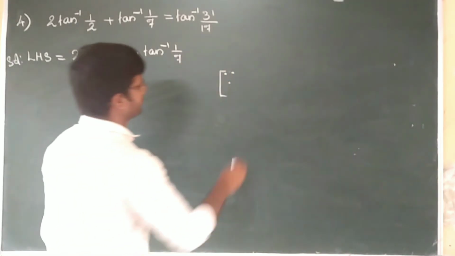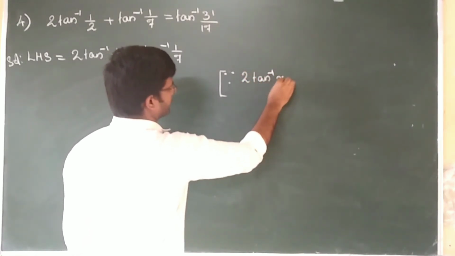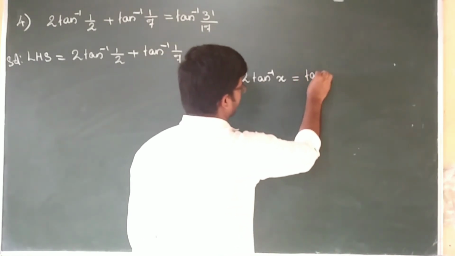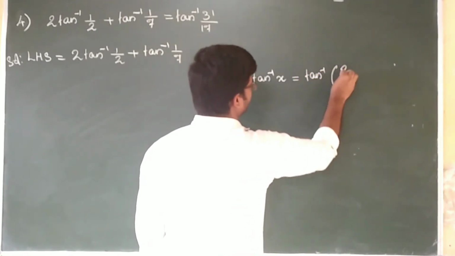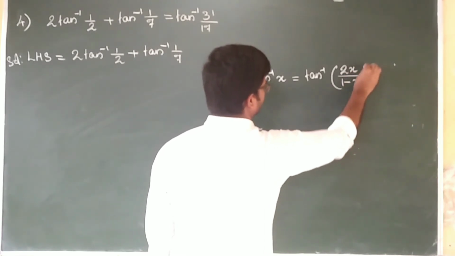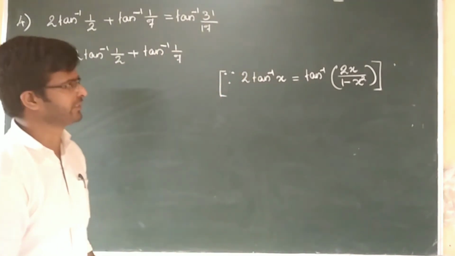First property is 2 tan inverse x. 2 tan inverse x, we can write as tan inverse 2x divided by 1 minus x square. Property number 6, you can check in your textbook also.